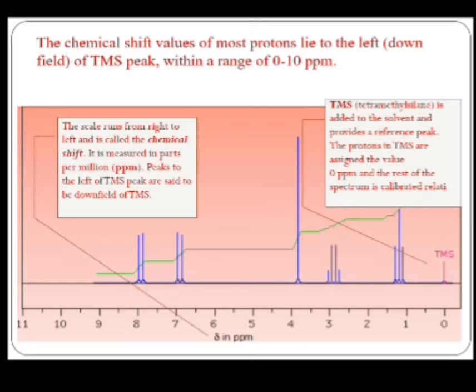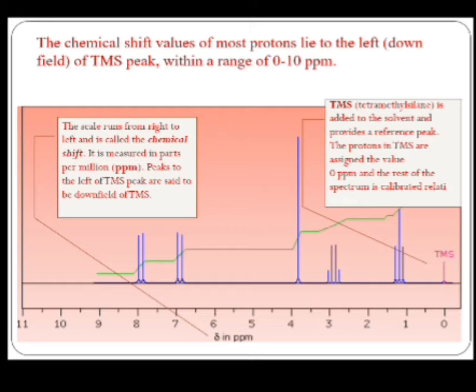A 0 to 10 ppm range is generally used for this. Sometimes higher than 10 is also shown by some kinds of protons. TMS, called tetramethylsilane, is added to the solvent and provides a reference peak. The protons in TMS are assigned the value 0 ppm and the rest of the spectrum is calibrated relative to that TMS peak. The TMS peak we get at 0 ppm.